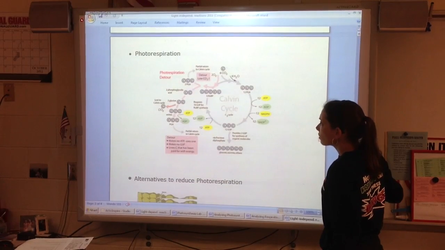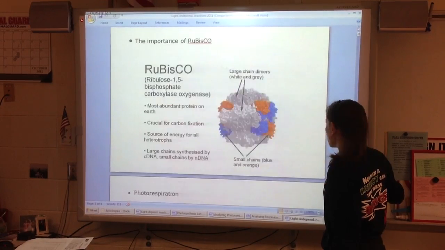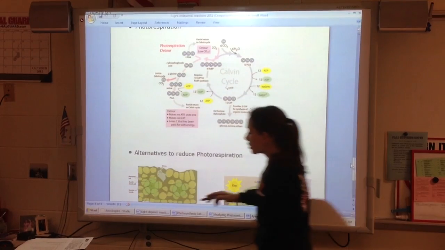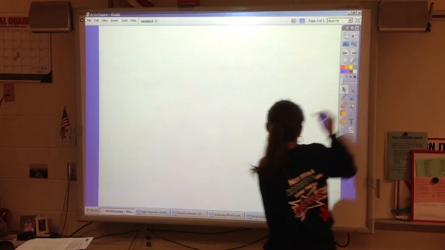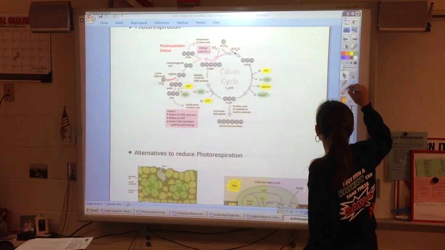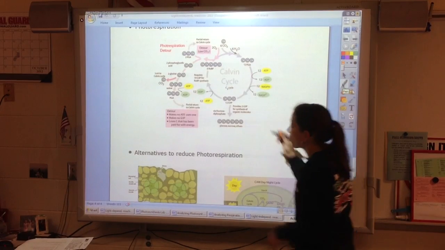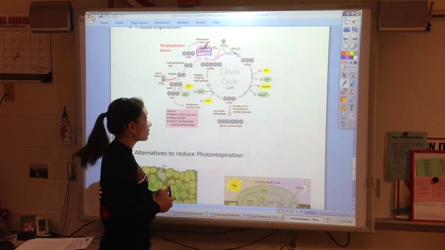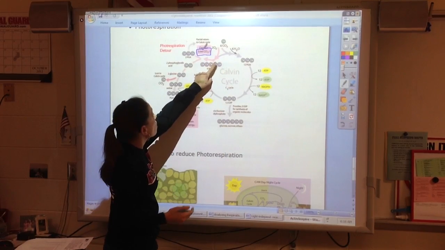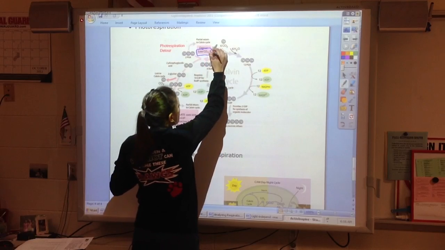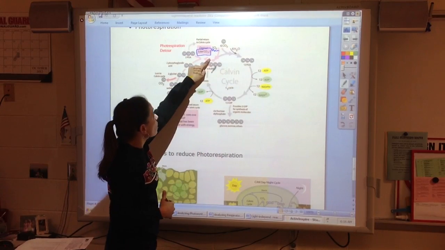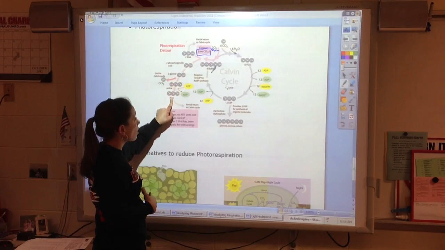And so we want to look at exactly what that means again. That means that when our carbon dioxide concentration is not very high, so if we have a low carbon dioxide concentration, rubisco will actually add oxygen to RuBP, and we start losing carbon.